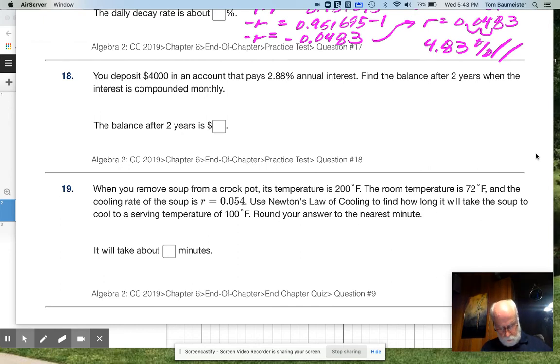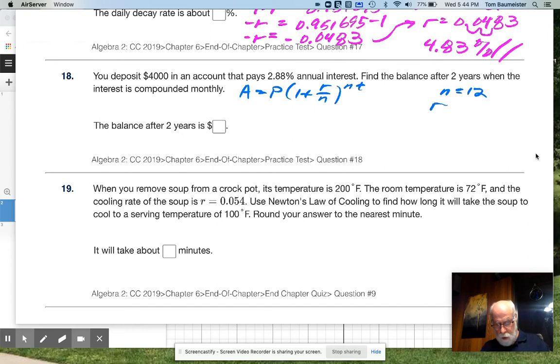So remember, on this one here, our formula was, and still is, A is equal to P times 1 plus R divided by N, raised to the N times T. Okay? Where N is how many times it is compounded. So it's compounded monthly, so N is going to be equal to 12.